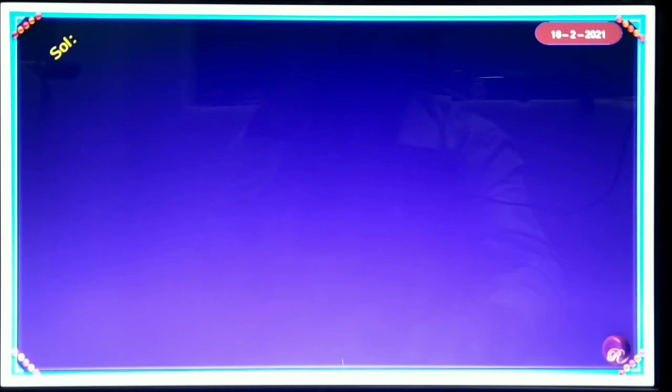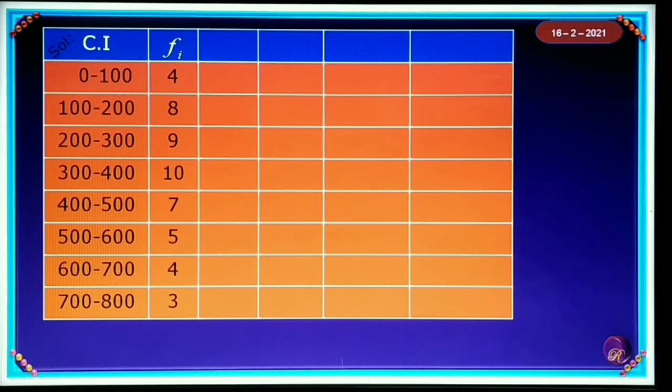Solution. Consider the given data. Calculate the sum of frequencies, that is n equal to summation of fi, i equal to 1 to 8, which is equal to 50.